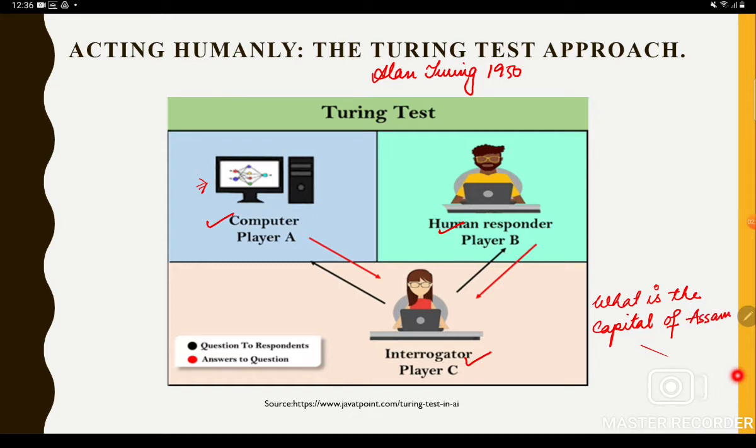If this written question is posed to both the human and the computer, and from the computer player the interrogator receives the answer Dispur, and from the human the response is also Dispur, the interrogator will get confused about which answer is given by whom.